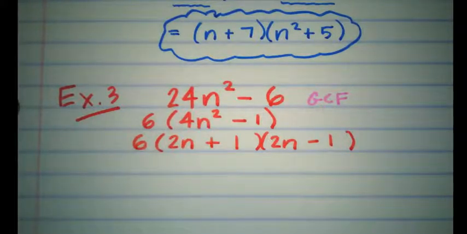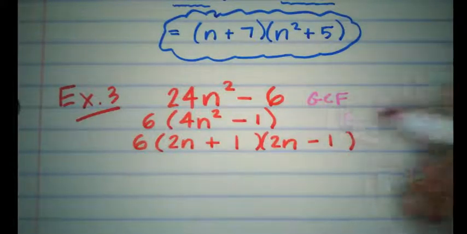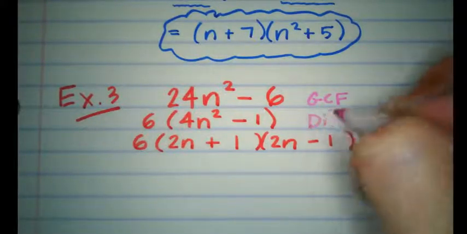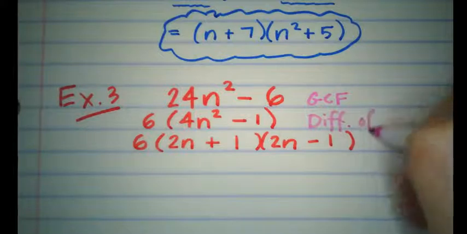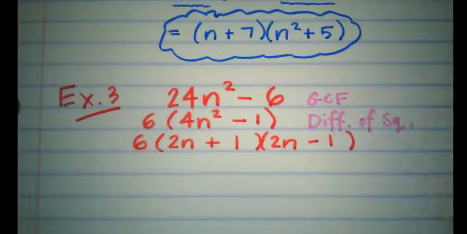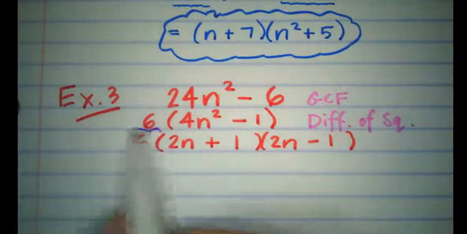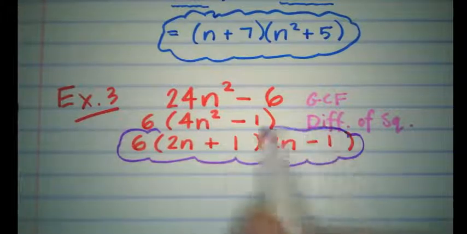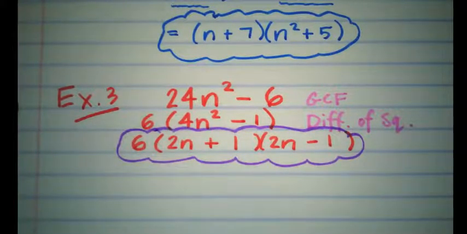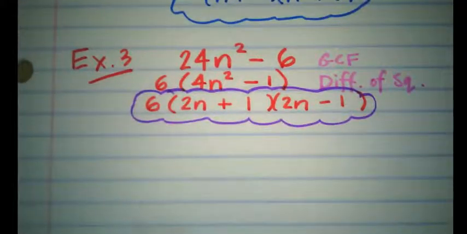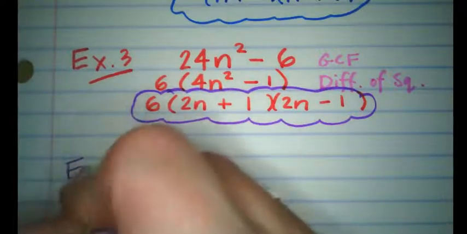And as usual, we can FOIL to check our answer. So this problem was GCF and a difference of squares. So that would be our solution. All right, let's try another one. Number 4.